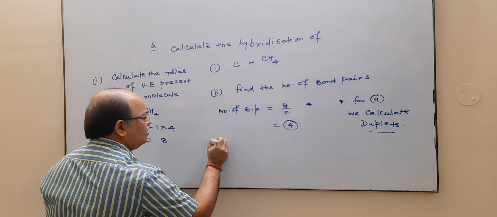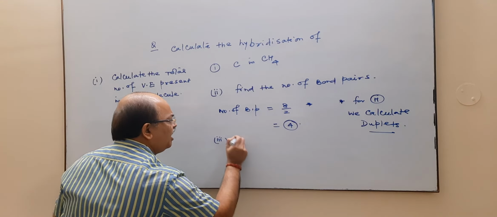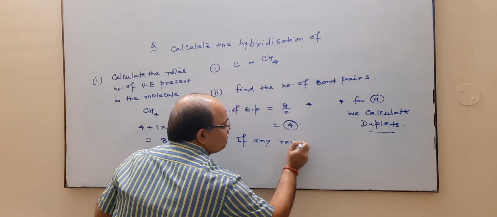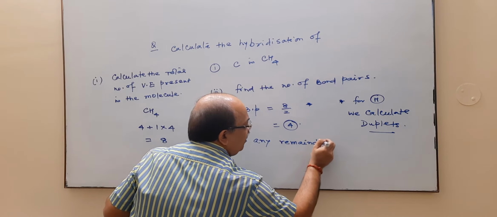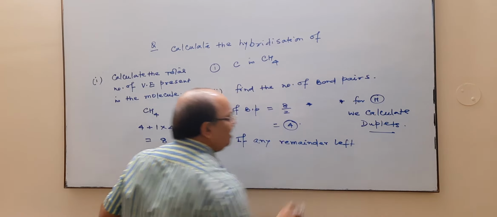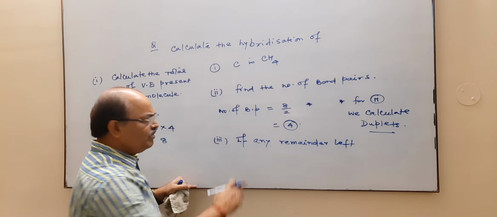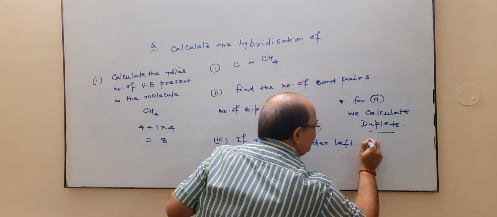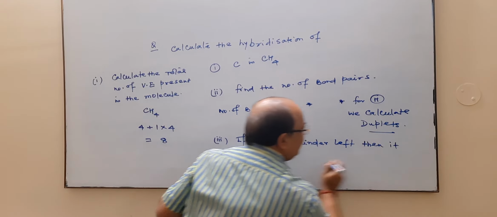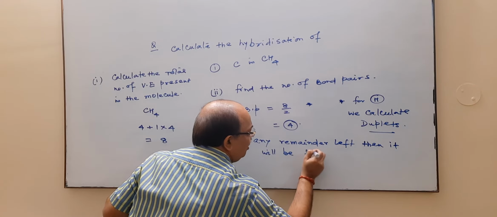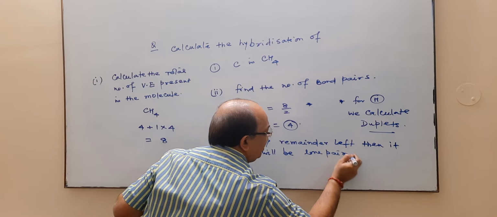Third point, if any remainder left, कोई रिमाइंडर अगर बच गया, आप कहेंगे यहां नहीं रिमाइंडर था, ठीक है, नो प्रॉब्लम. If any remainder left, then it will be your lone pair.